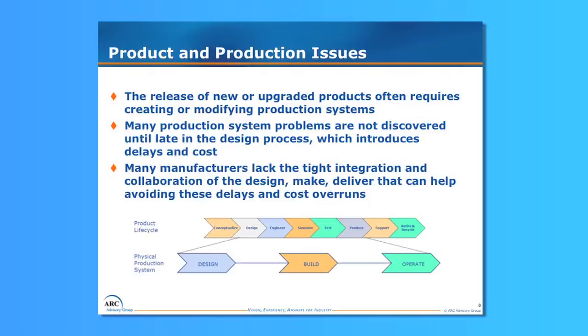And problems that show up later on in the design process or the manufacturing process can cause further delays. And oftentimes manufacturers don't have the tight integration of their design-make-deliver model that can avoid those delays.